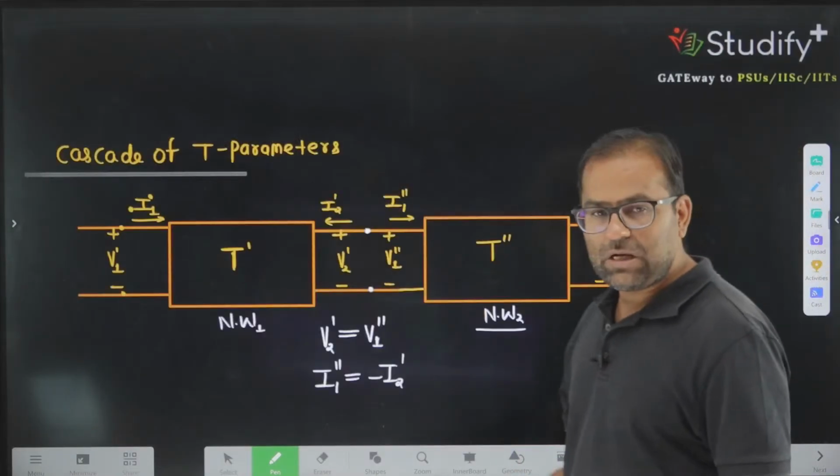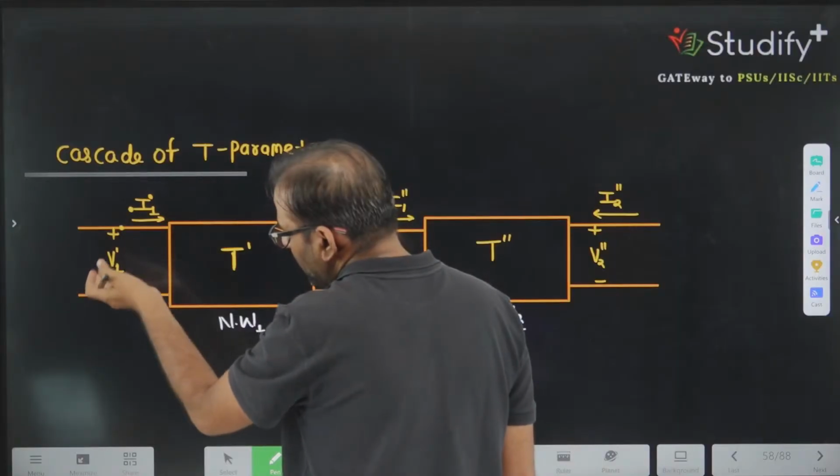And what is the T parameter for network number 1? Because what are the input port variables of network number 1? These are the dependent variables.